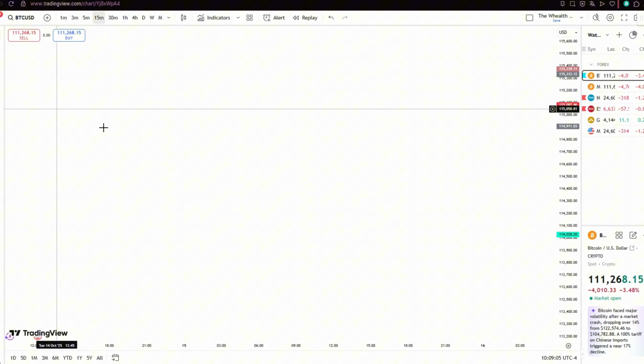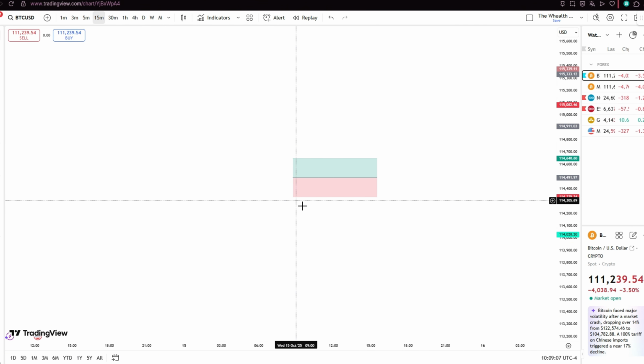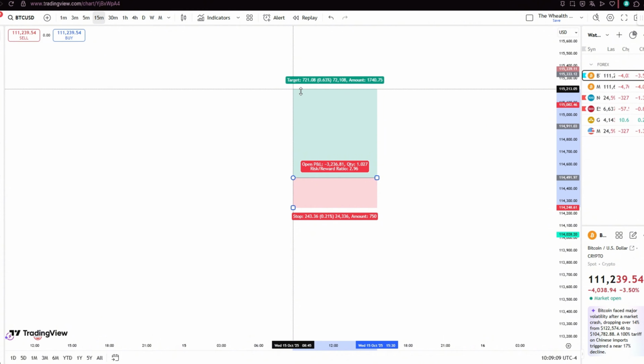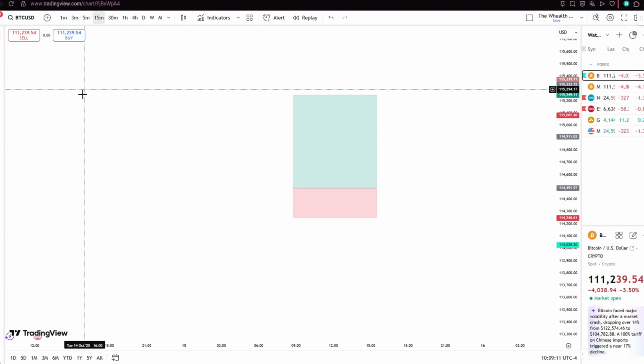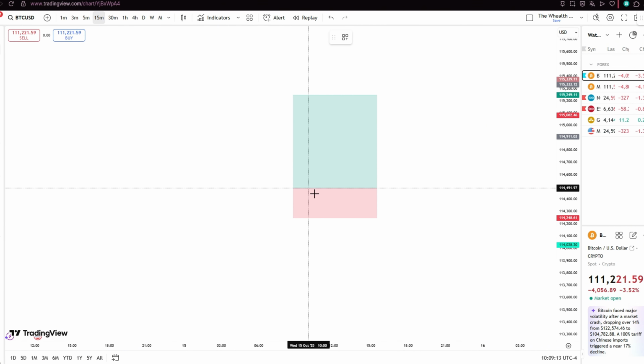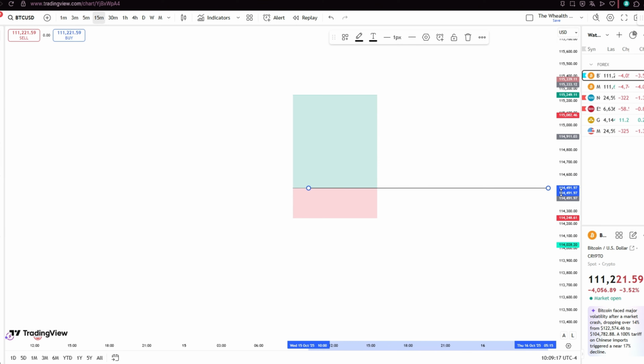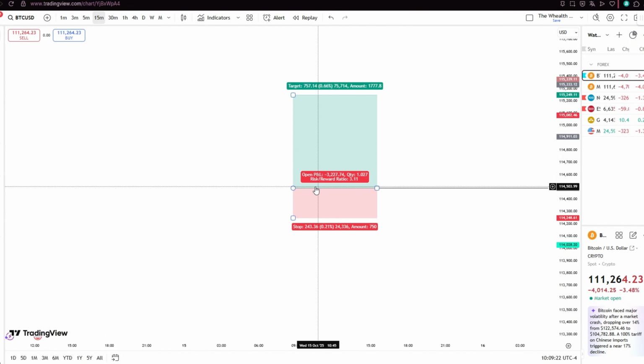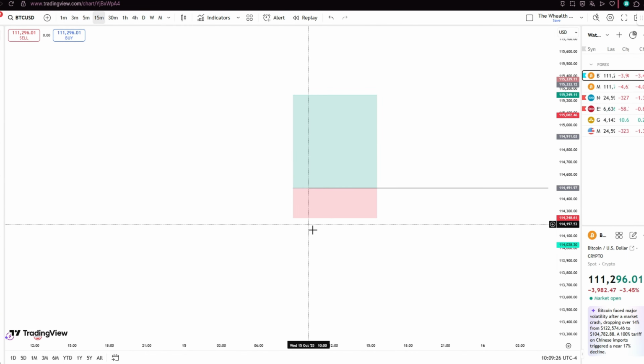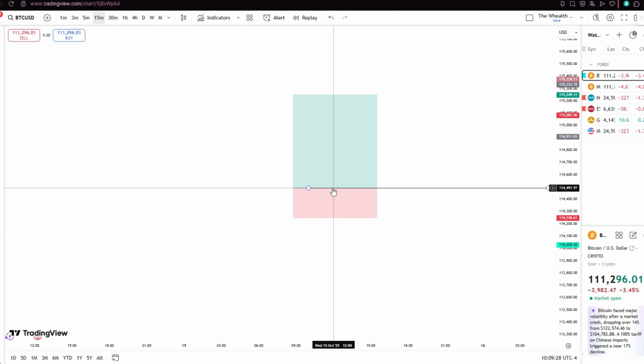For everybody who doesn't know what a take profit is, let me go over that real quick too. You always enter at a certain price, like this one, 114.49197, and your stop loss, if you go long, would be below the price you bought, and your take profit will be above the price you bought.